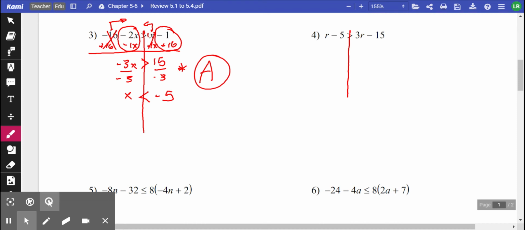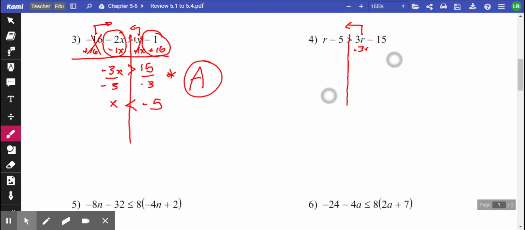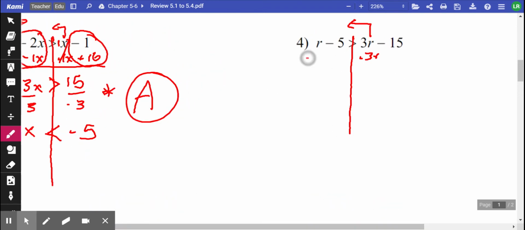Okay, number 4 here. Variables are on both sides, so let's move them to one side. Let's go -3r on both sides. That's 0. And in a second here, I'm going to add these up. Add 5 to both sides. That's 0. I'm going to add these up.